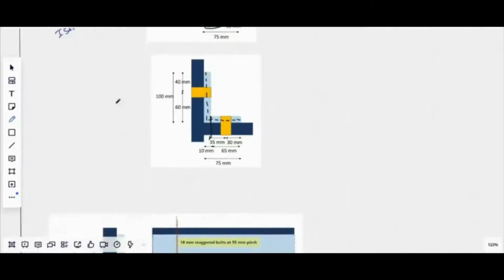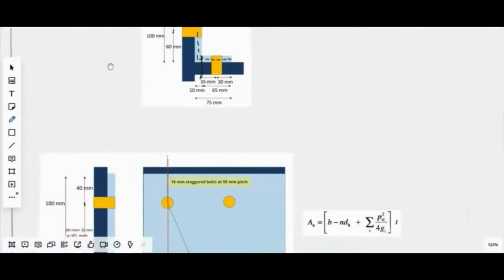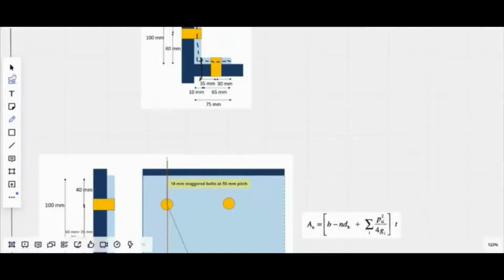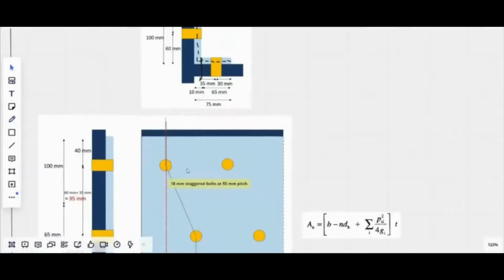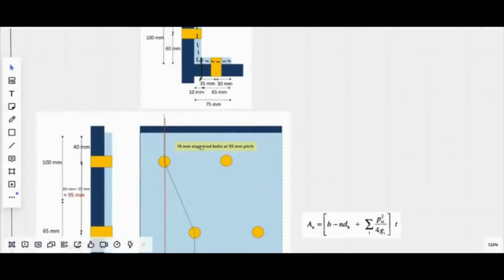So what happened here when I was about to do it: it can be seen that the length of one leg is up to 40 mm, then the length of the other leg is about 60 mm, and the length from here to here is about 35 mm up to the center of the bolt.